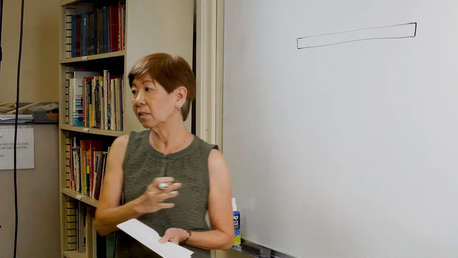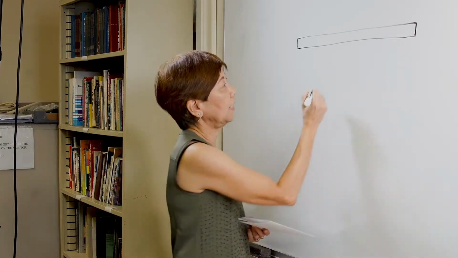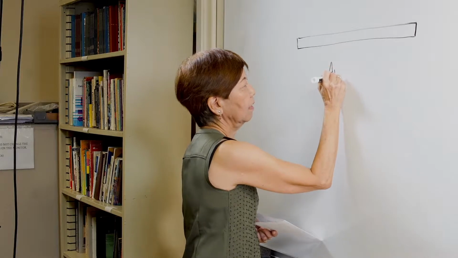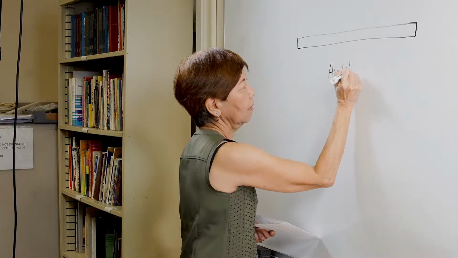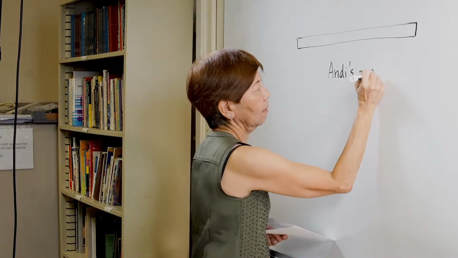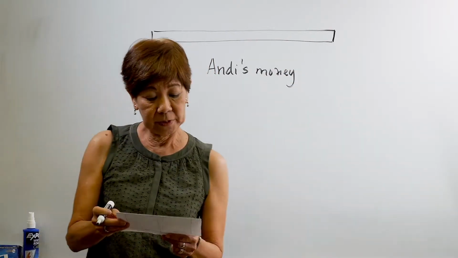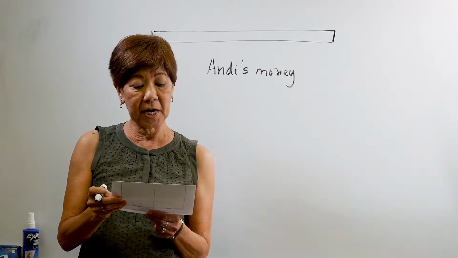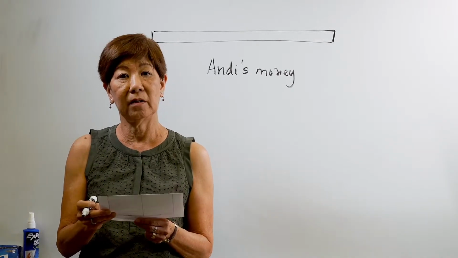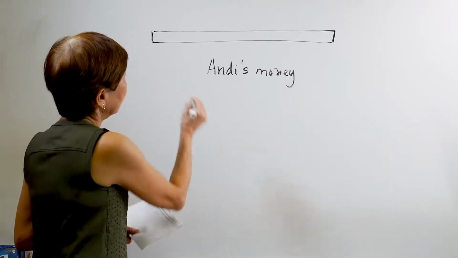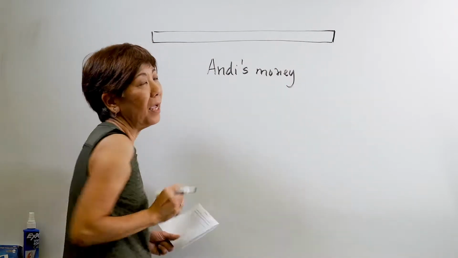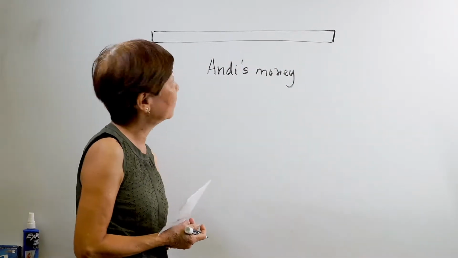And let's let this strip represent all of Andy's money. So we start off with Andy spent 3/8 of her money on a baseball glove. So I'm going to take all of Andy's money and represent 3/8 of that.